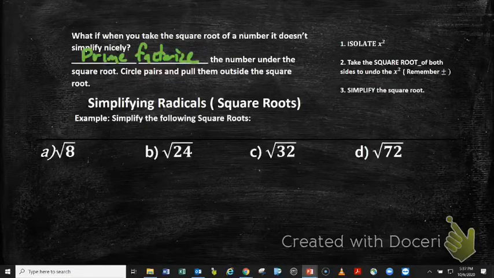And then we're going to circle and pull them out in pairs, circle pairs and pull them out of the square root. So I want to show you a little bit of what that looks like in practice, because we're going to talk about how to simplify square roots.